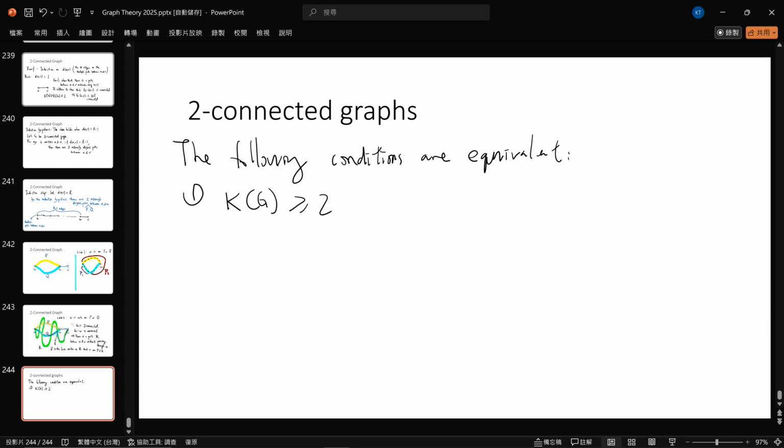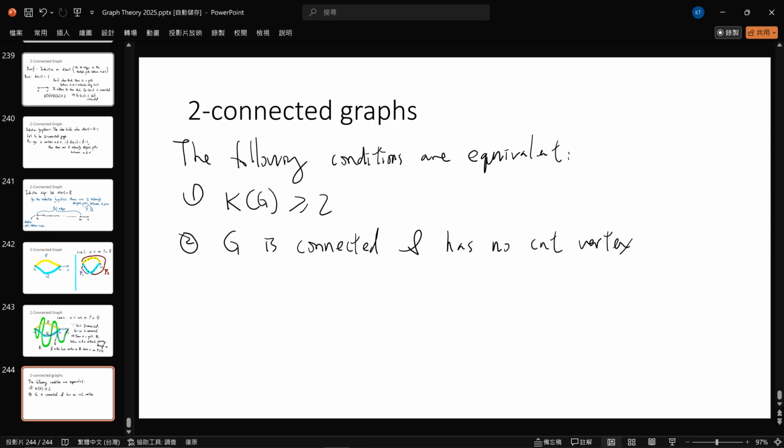Okay, so first one clearly, because we consider two connected graphs, by definition, the connectivity is at least two. The next one is also easy. If it is a two connected graph, then it means it is connected, and it has no cut vertex.